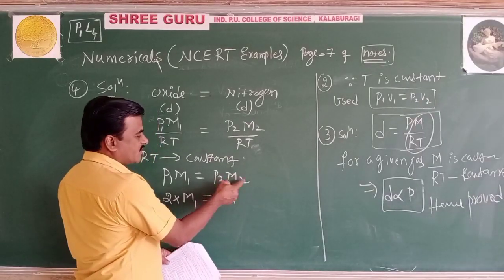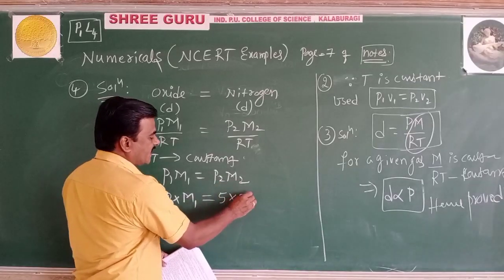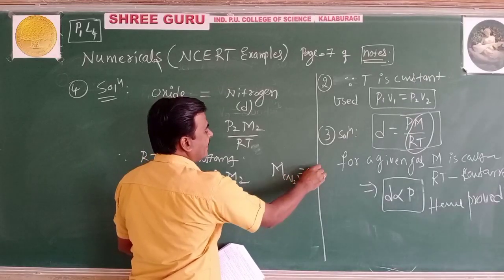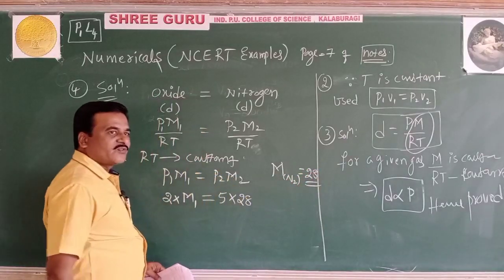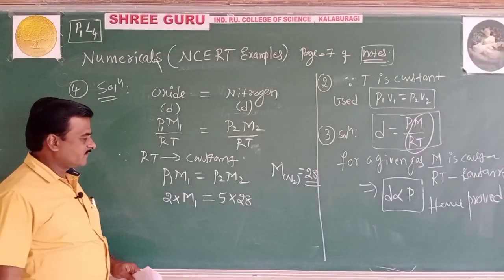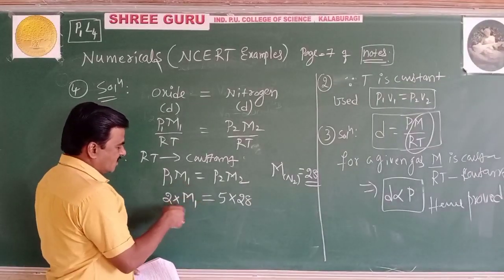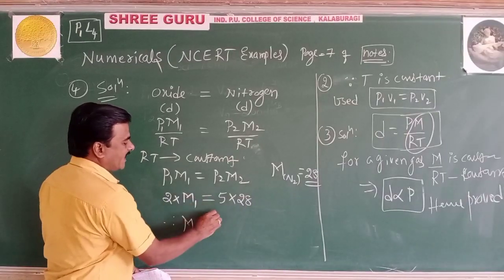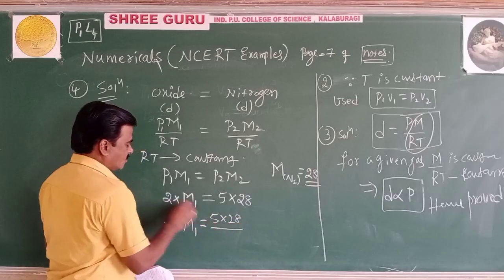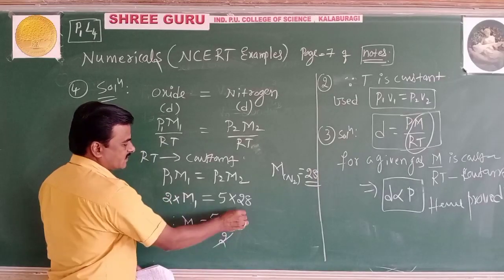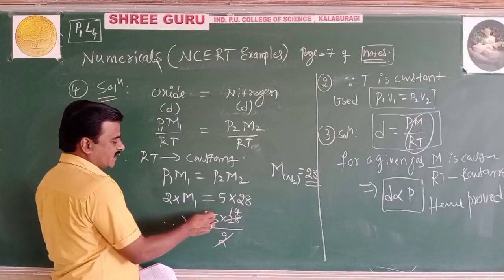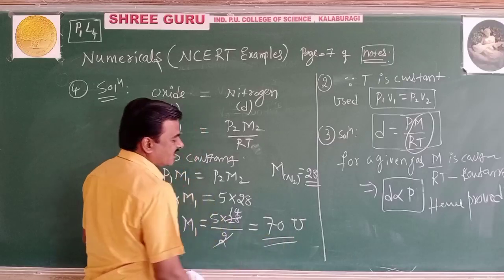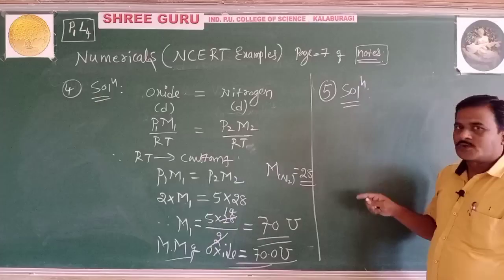And you know the molecular mass of dinitrogen is 28 gram per mole, 14 plus 14. Therefore, M equals 5 into 28 divided by 2. This cancels: 14 into 5, which is 70 units, is the molar mass of the oxide.